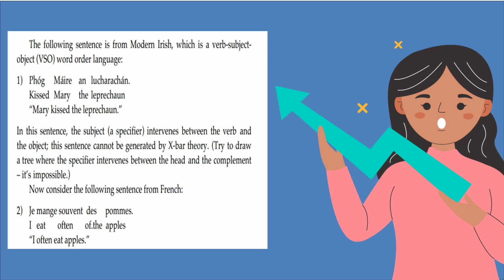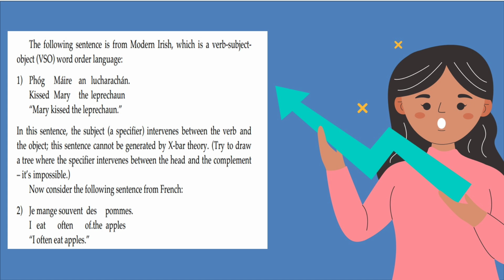The following sentence is from Modern Irish, which is a subject-verb-object language. "Kissed Mary the leprechaun." In this sentence, the subject, a specifier, intervenes between the verb and the object. This sentence cannot be generated by X-bar theory. Try to draw a tree where the specifier intervenes between the head and the complement.